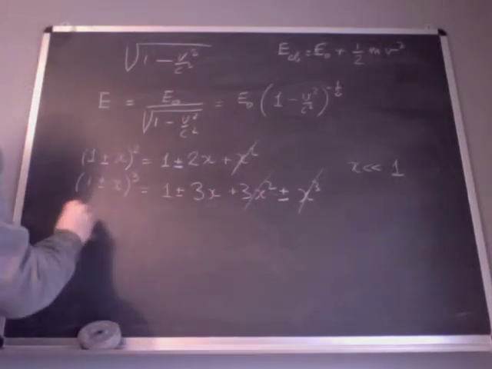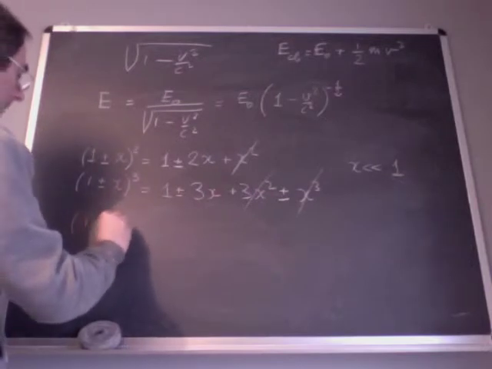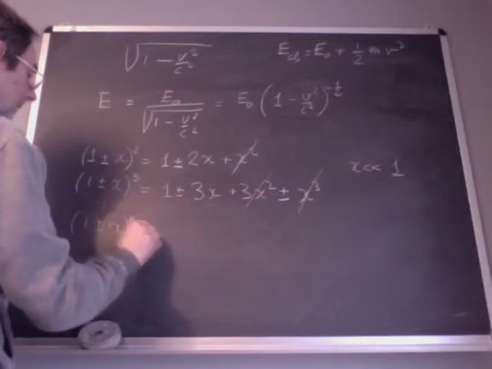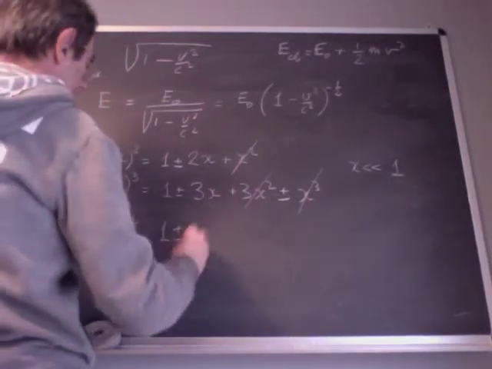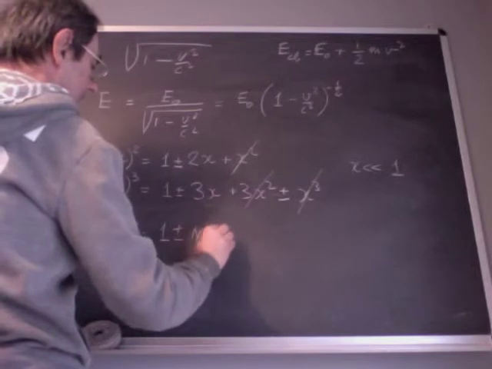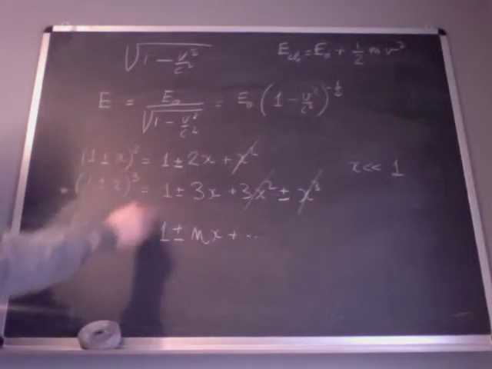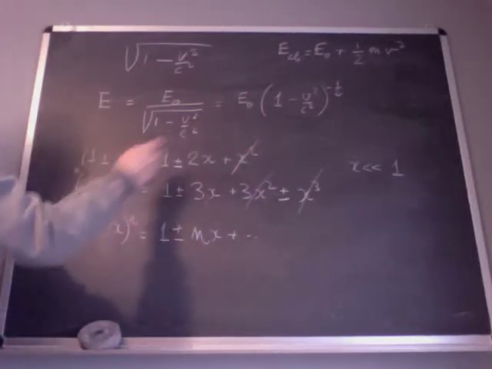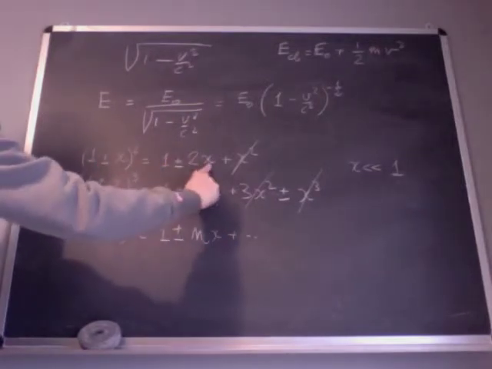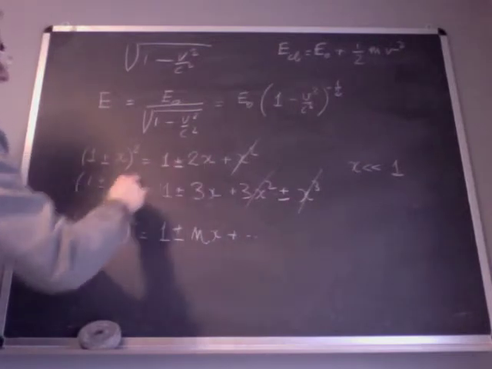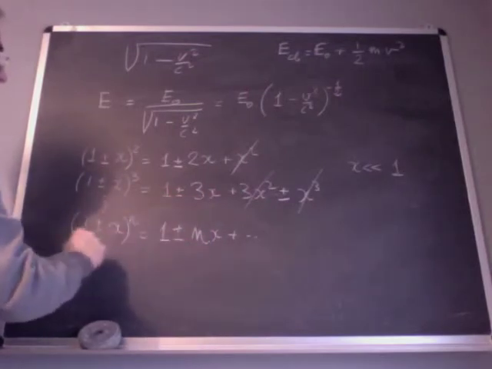So it's easy to show that, continuing, if I have this elevated to a number n, this will be equal to 1 plus or minus n times x plus all the other smaller terms. You can deduce this by the fact that here, when you have the square, you put a 2 in front of the linear term. Here, the 3, and so on. So the general expression is this one.